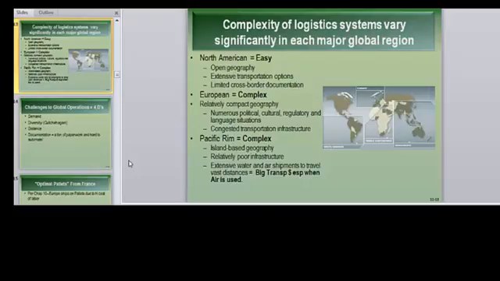And just from the characteristics of the three major areas, North America, when we look at our logistics network, is fairly easy: open geography, extensive transportation options, and limited cross-border documentation. In Europe, much more complex for the reasons indicated here. And in the Pacific Rim, very complex with the island-based geography and relatively poor infrastructure.